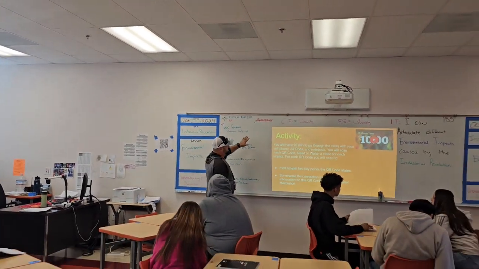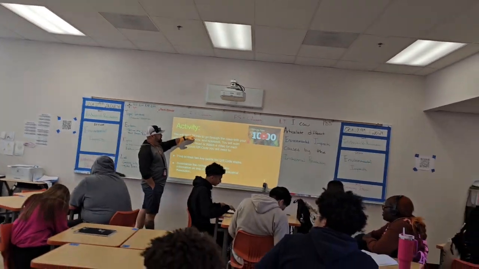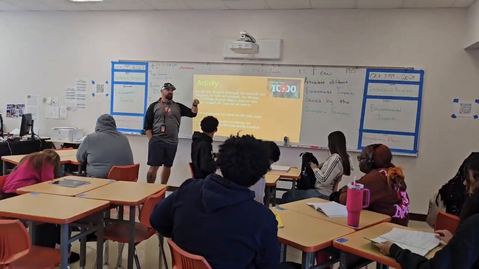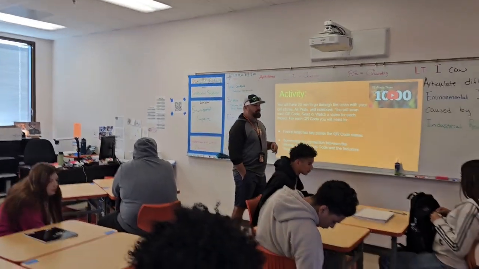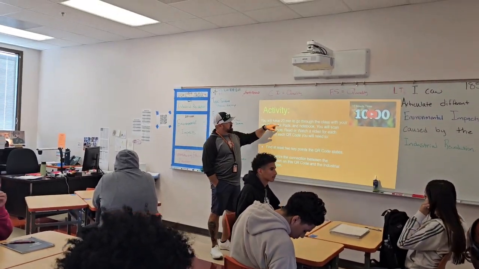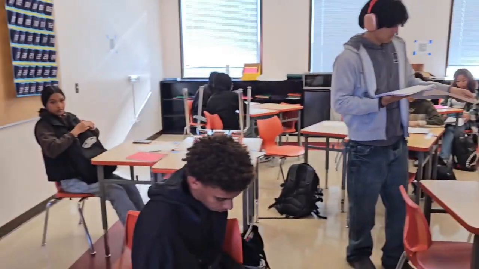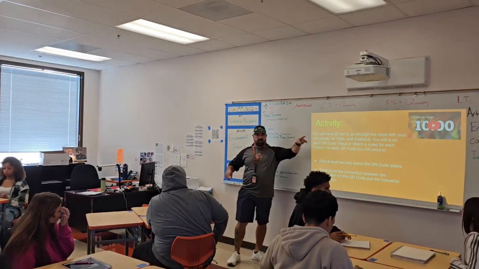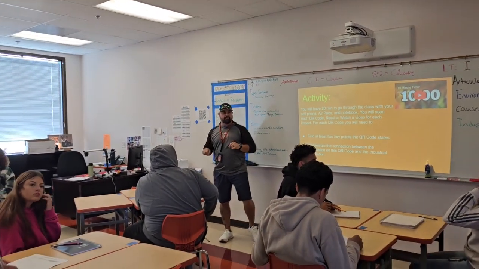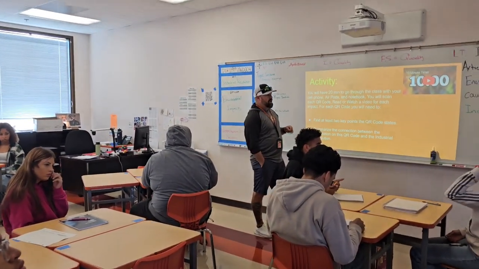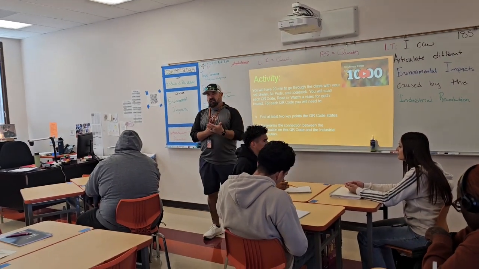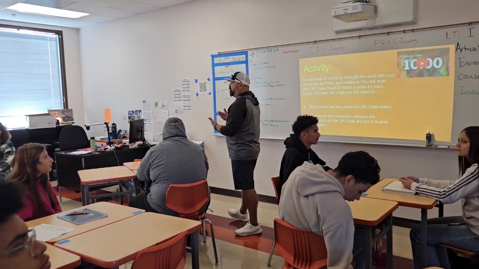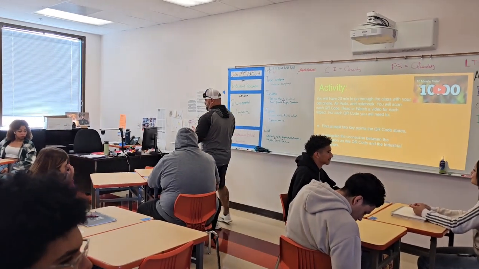I'm going to give you a little bit more than 20 minutes. I'm going to do 10-minute increments. I'm going to check in with you every 10 minutes to see how we're doing. We'll probably get about 40 minutes to do this. You're going to go through the class with your cell phone, your AirPods, and notebook. You'll scan each QR code individually. That means when you scan it, you're going to stay in that area and read what it says, look at what it's showing you, or watch and listen to what it's telling you.